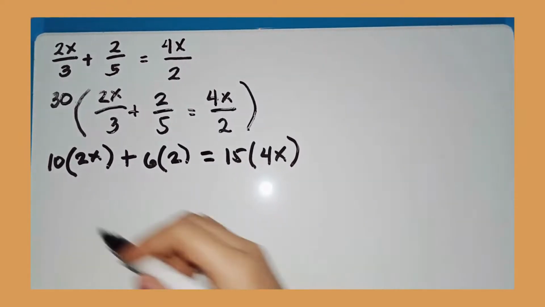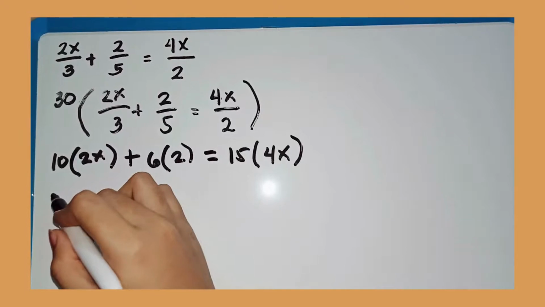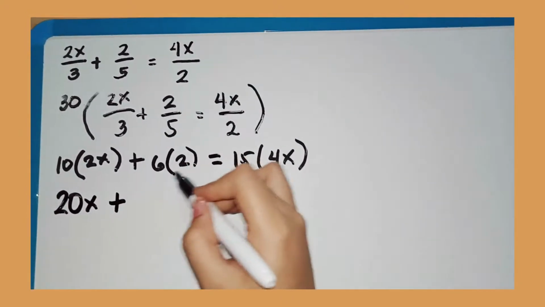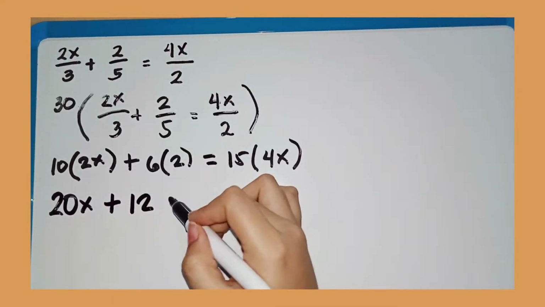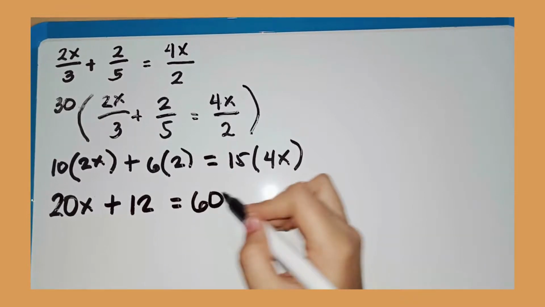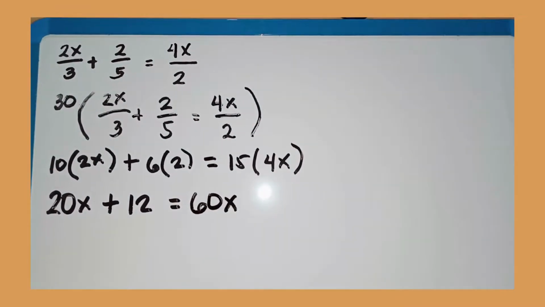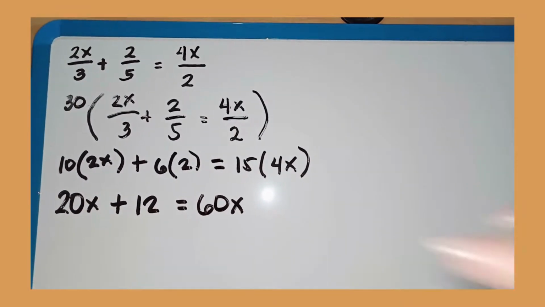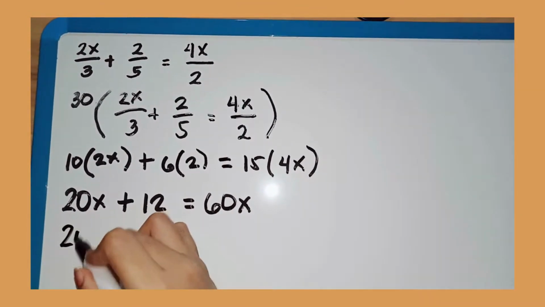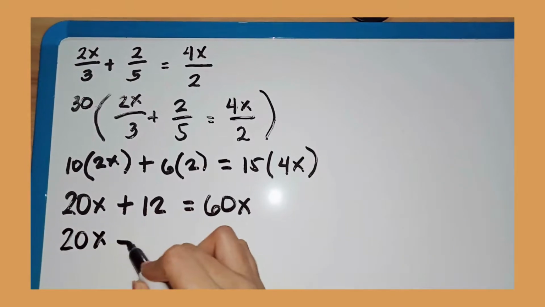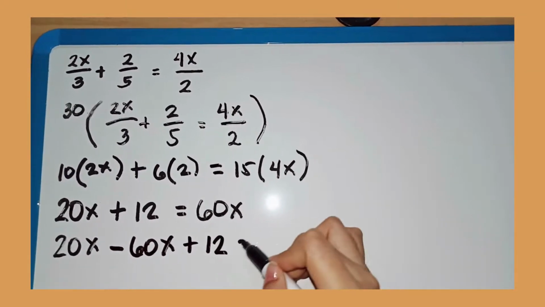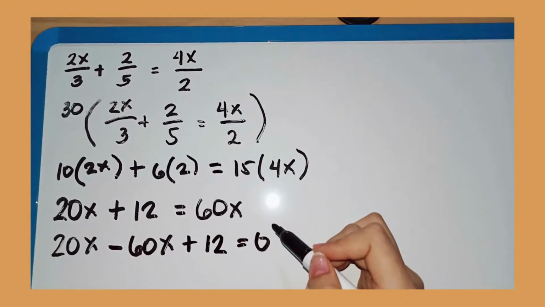Let's multiply them. 10 times 2x, that is 20x. Plus 6 times 2, that is 12. Is equal to 15 times 4x, that is 60x. Now, the 60x will be moved to the other side and becomes negative. 20x, negative 60x, plus 12 is equal to 0.